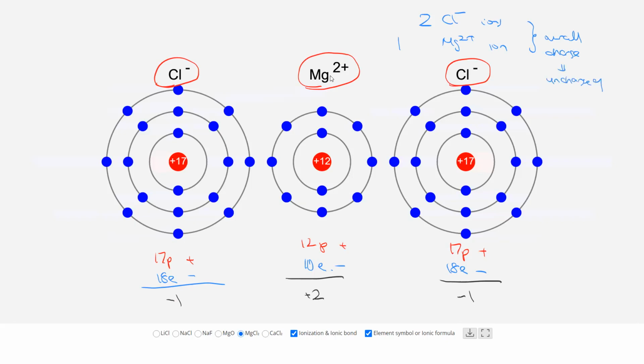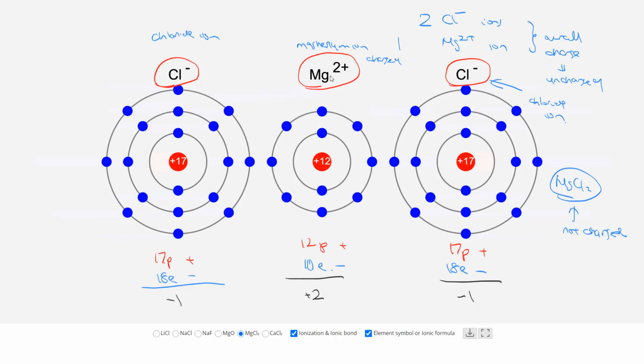So to be clear, the magnesium ion is charged. The chloride ion is charged. But magnesium chloride, MgCl2, is not charged.